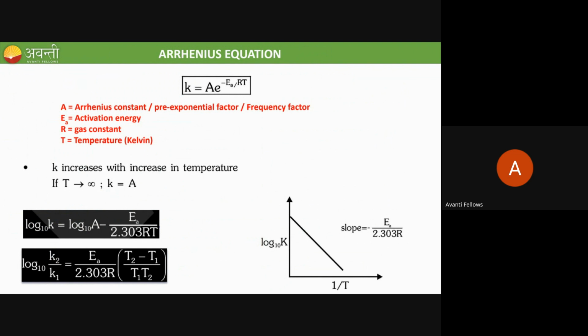If you increase the temperature, the rate constant will increase. If the temperature goes to infinity, the rate constant will be equal to just the Arrhenius constant alone, that is, the frequency factor alone.